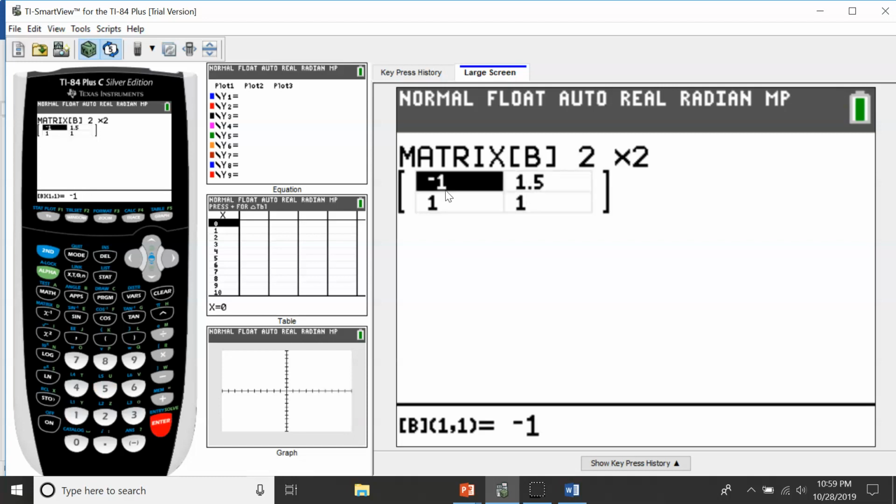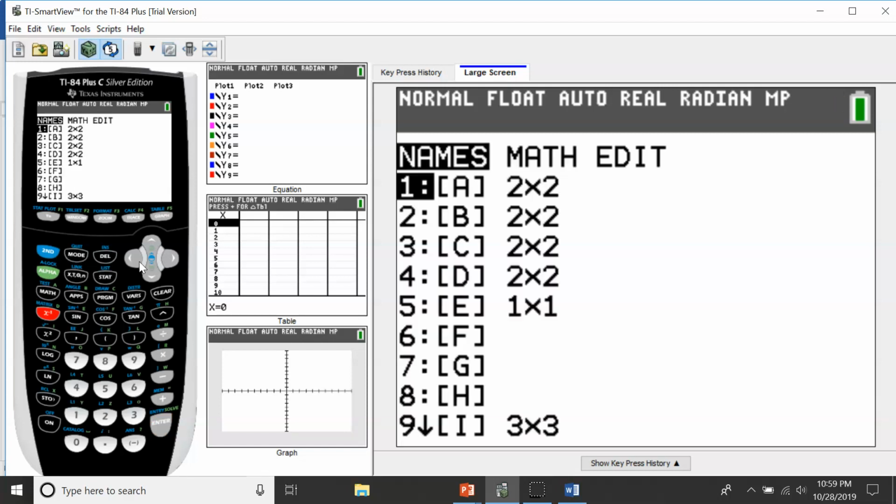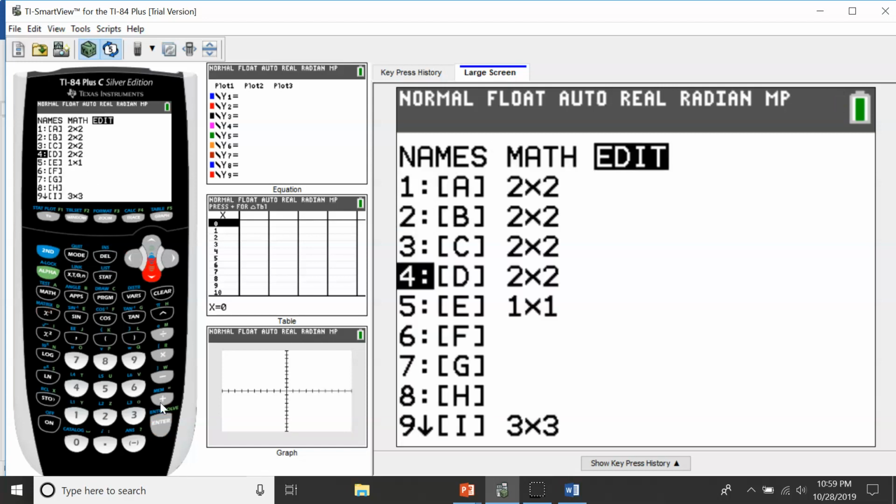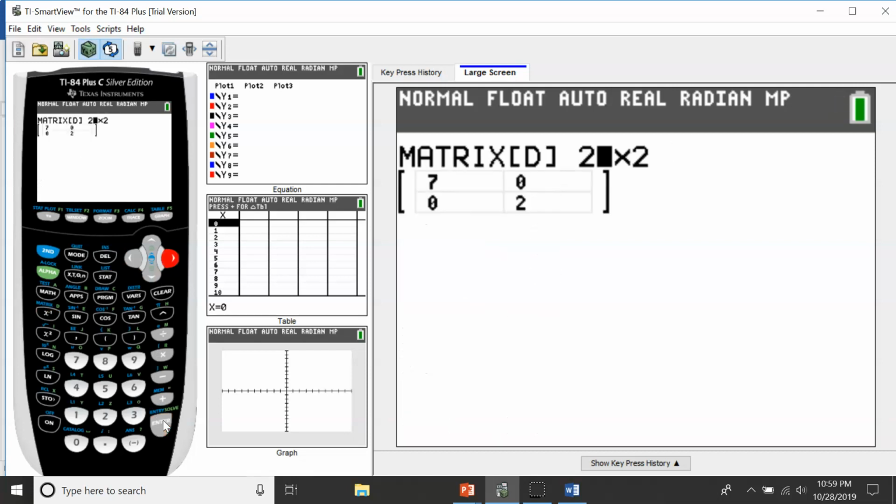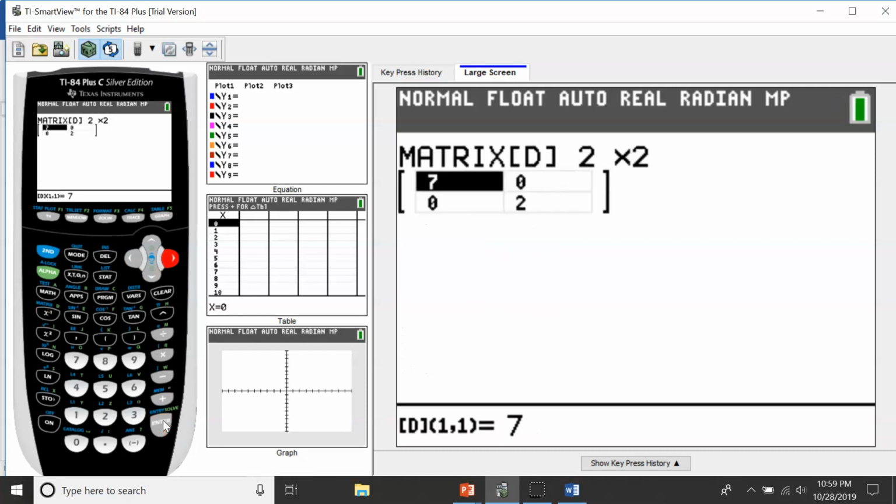That's 1, 1. And notice negative 1, 1 now went for the first column. I'm going to have to change the diagonal matrix that I use. That 7 is going to have to change to a 2, and the 2 is going to have to change to a 7 because I swapped what columns they're in.